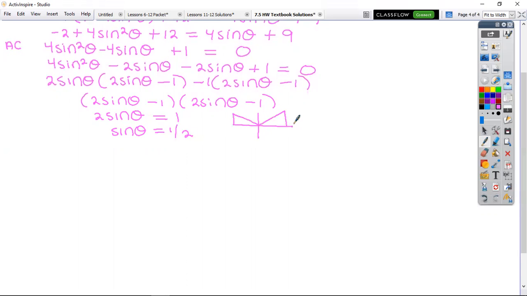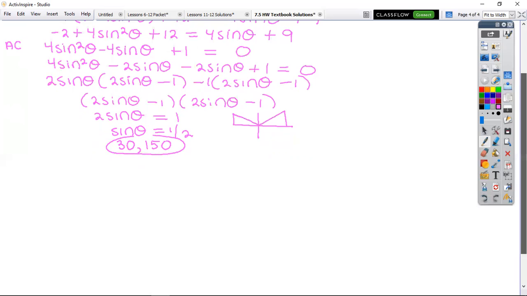Who knows it? 30 degrees, very nice. This is exact value. So this is a 30-degree reference angle, meaning that my other answer is 150. All right, so 30 and 150, just 2 solutions for that type.